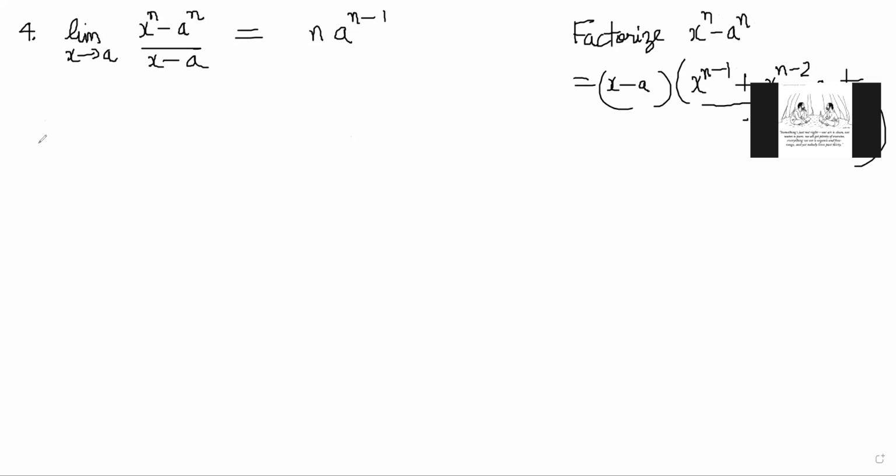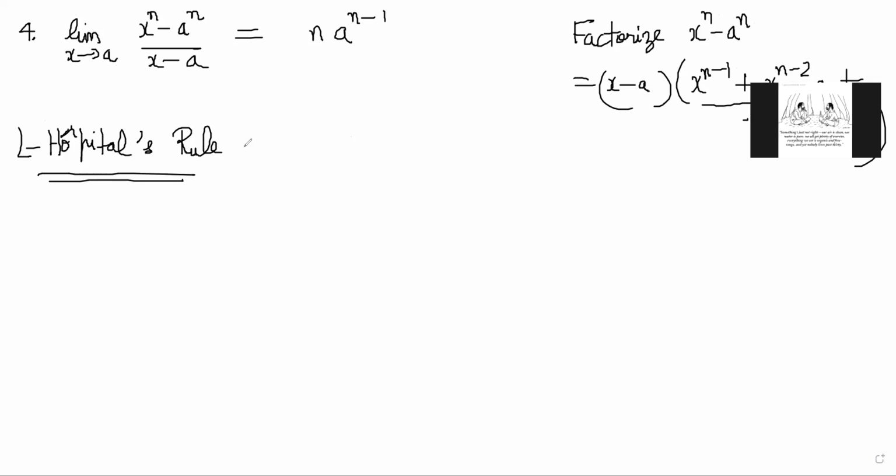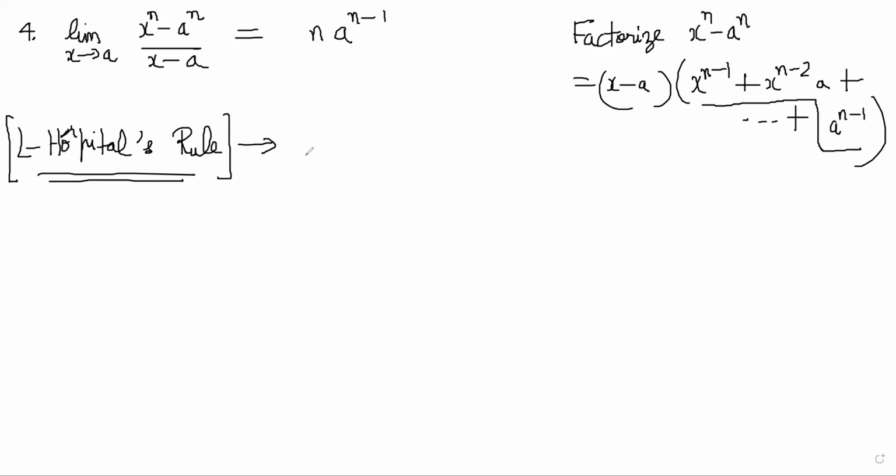Now let's look at this rule called L'Hopital's rule. L'Hopital's rule is basically a nice method to evaluate certain types of limits. What are the types of limits that you can evaluate by L'Hopital's? There are only two types, 0 by 0 or infinity by infinity. Whenever you see an expression where if you put the limit value, it comes like this, then L'Hopital can work, okay?